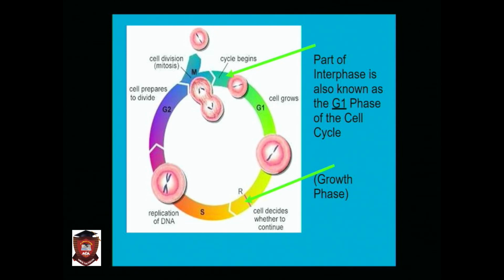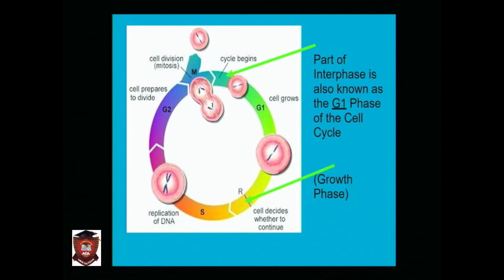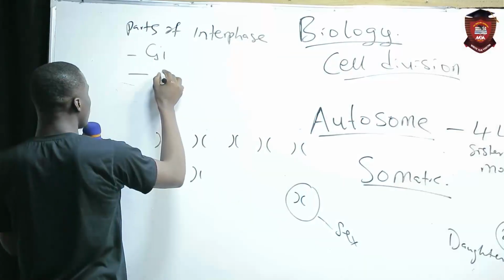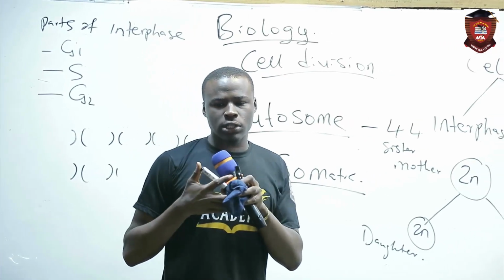We have the G1 phase, S phase, and G2 phase. So what you need to know is what happens in each.